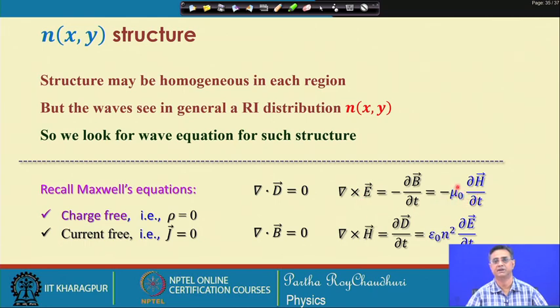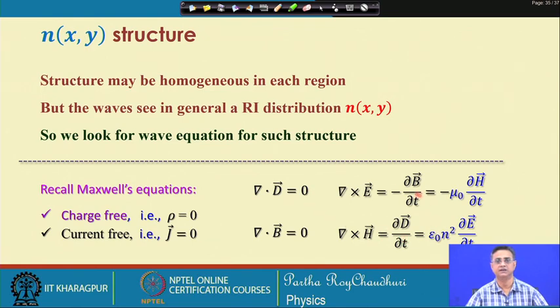So, you can write mu naught, the free space permeability, del H del t, and for del cross H I have epsilon, the permittivity of the medium of each of the layers, which you can write as epsilon naught n square, n being the refractive index, del E del t.